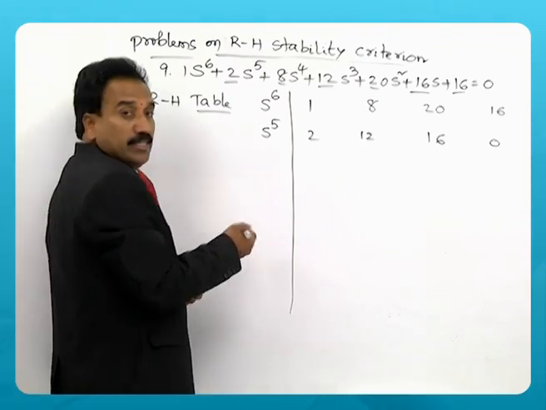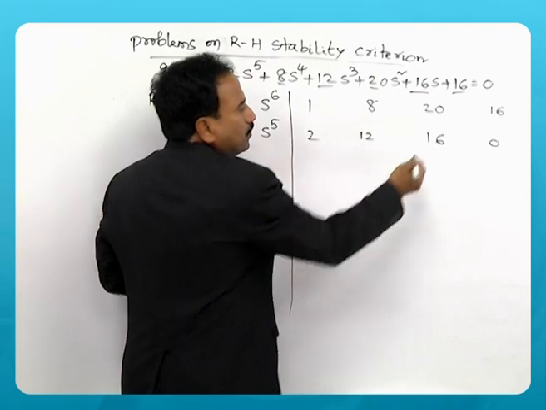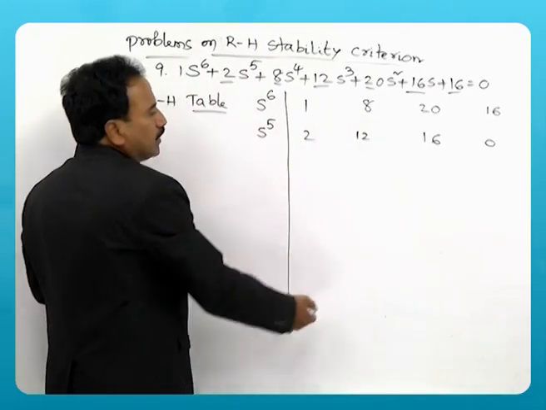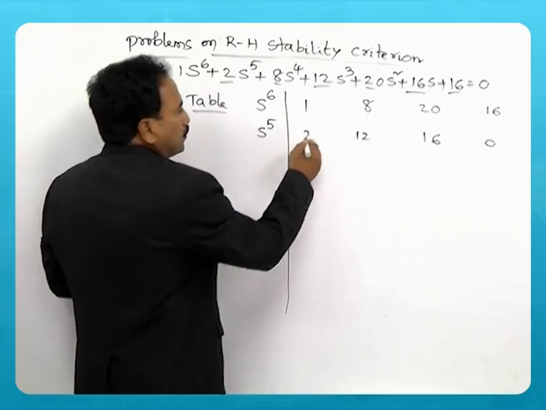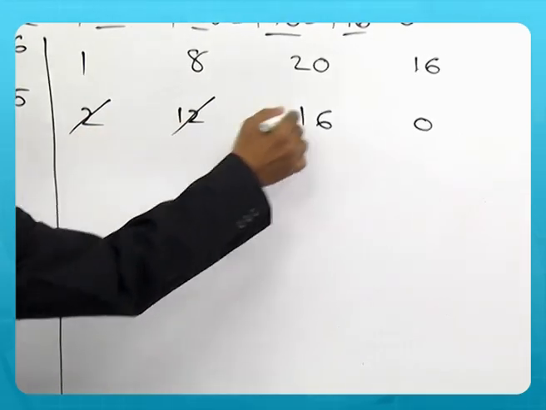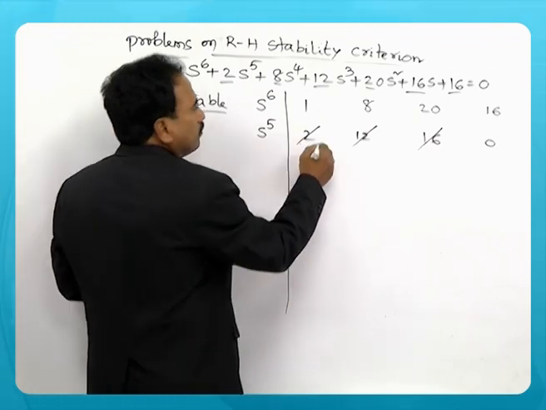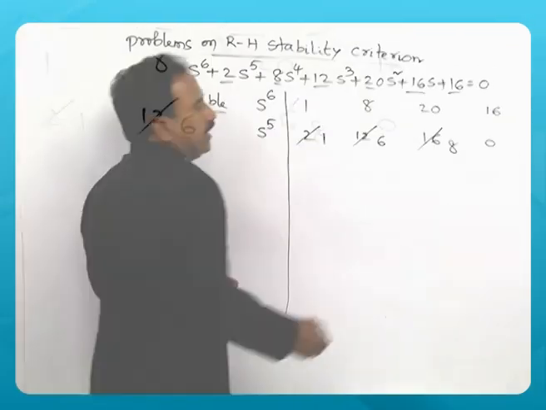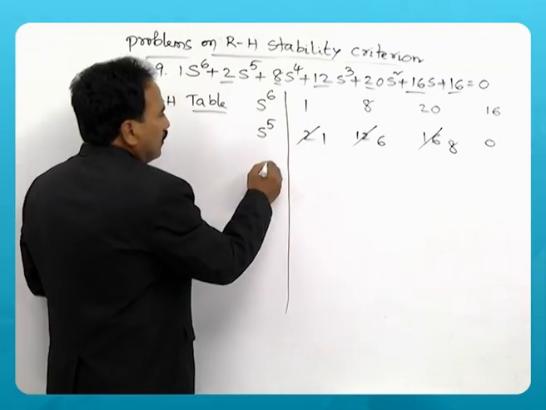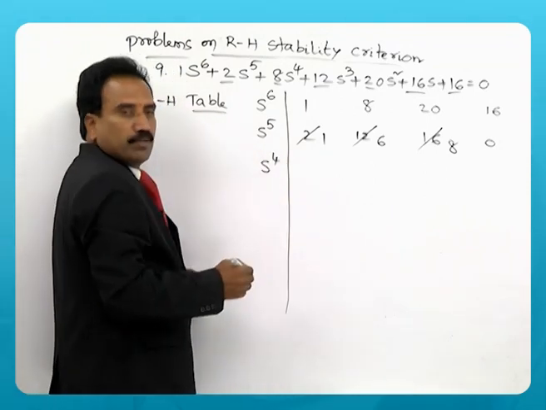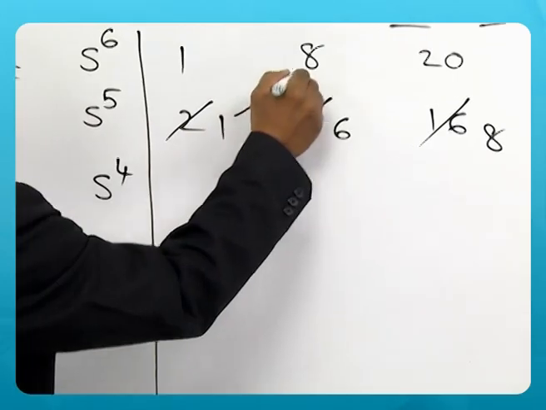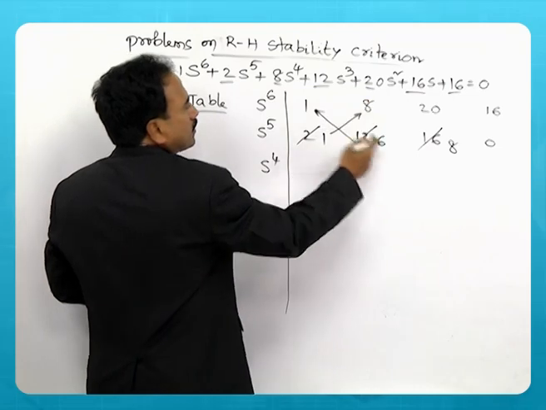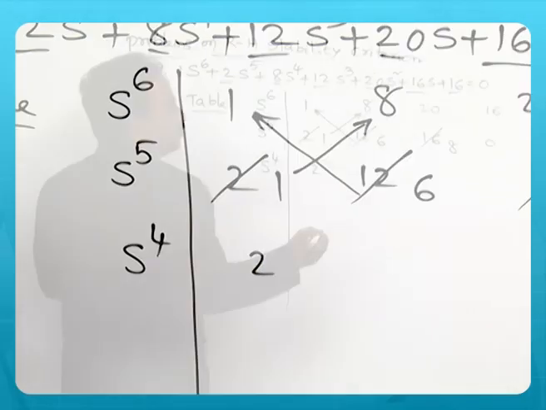As I indicated, this entire row can be divided by the same number for simplification. So divide all 3 elements by 2, and you get 1, 6 and 8. Now we need to form the s power 4th row by using this product. 8 minus 6 by 1 is 2.